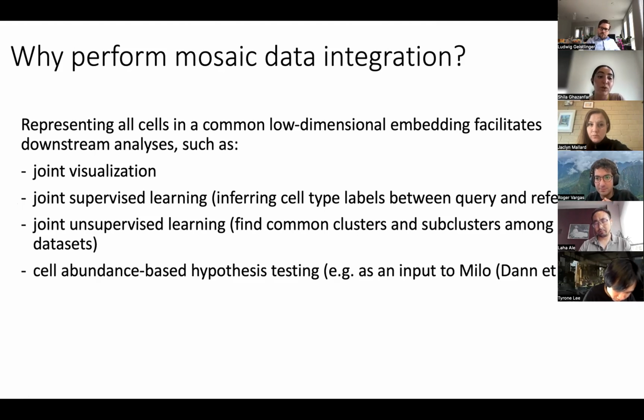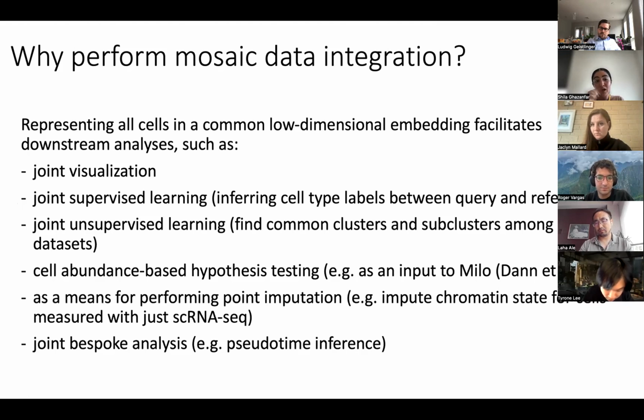We could perform something like cell abundance-based hypothesis testing. So we could ask which cell types might be enriched or depleted within this common space. We could use this embedding to perform imputation, so we may want to understand what features we might have measured if we had the capability of doing so.